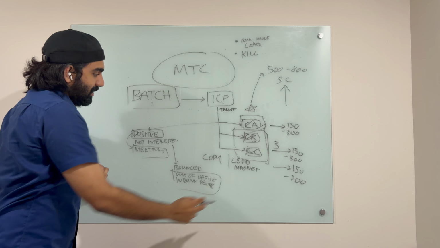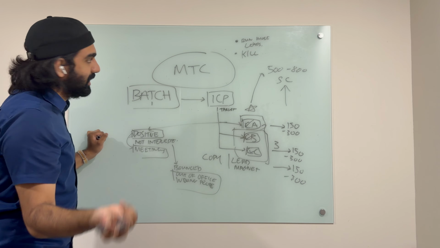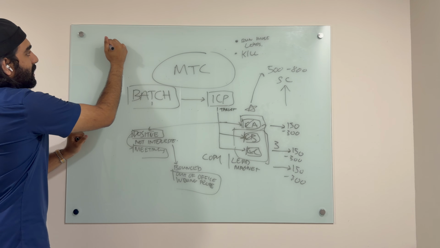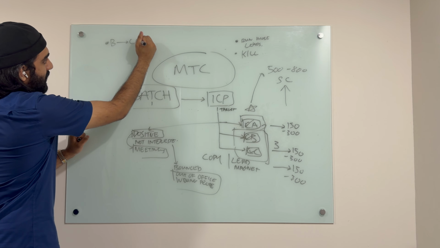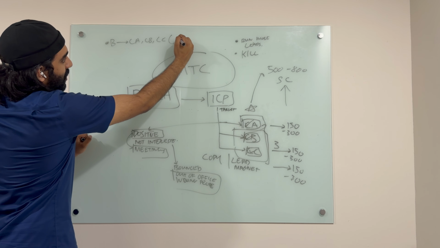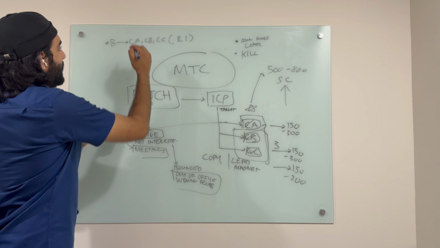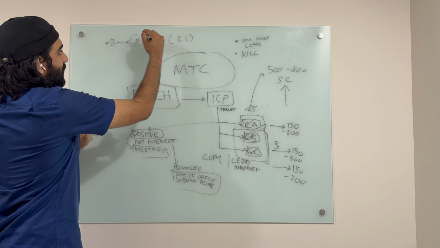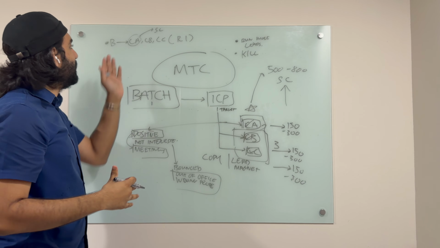This whole thing is called round one. Again, just to reiterate, a batch has campaign A, campaign B, campaign C. This is called round one. If you find a winning copy, this will go for scaling. I always name it SC for scaling.